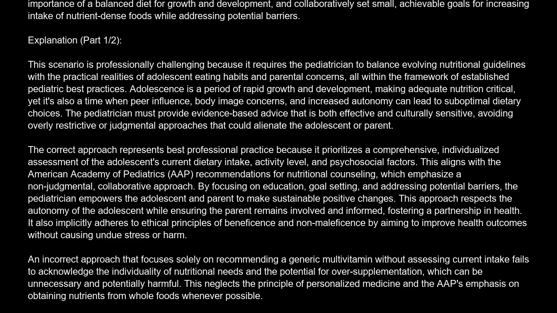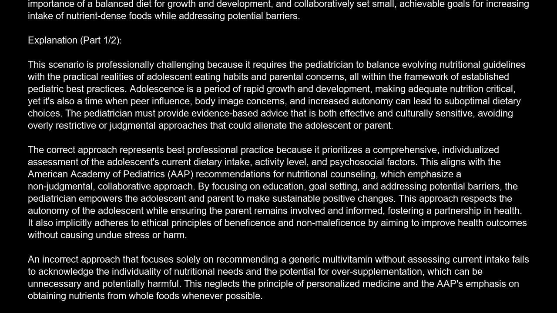The correct approach represents best professional practice because it prioritizes a comprehensive, individualized assessment of the adolescent's current dietary intake, activity level, and psychosocial factors. This aligns with the American Academy of Pediatrics (AAP) recommendations for nutritional counseling, which emphasize a non-judgmental, collaborative approach.